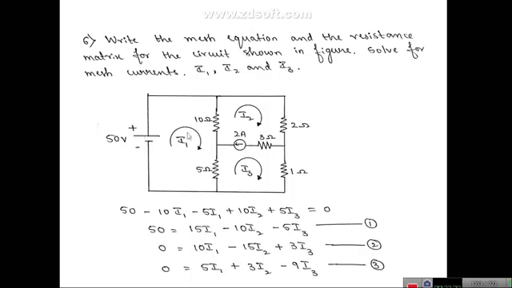In this problem the hint is that the current source is given: I2 minus I3 is equal to 2 ampere. Whenever you are solving the equations, you have to make use of I2 minus I3 equal to 2 ampere.